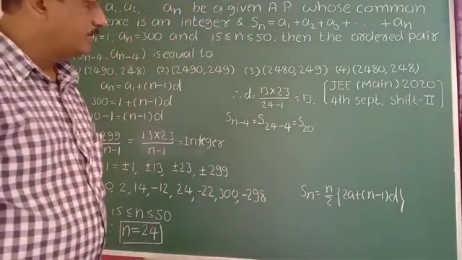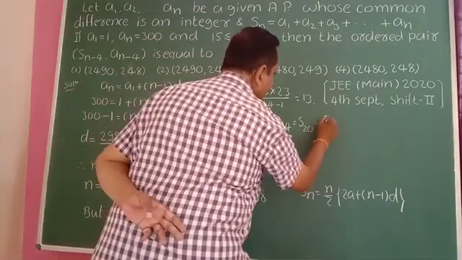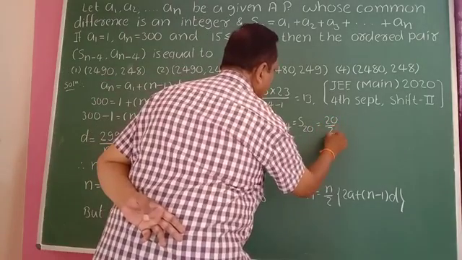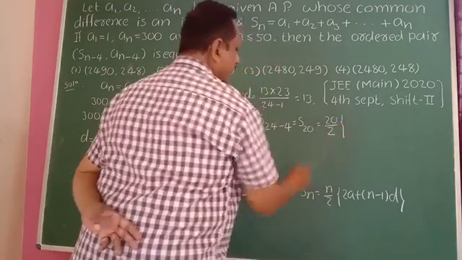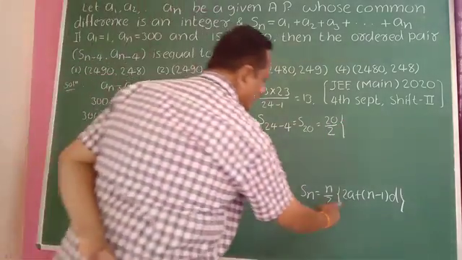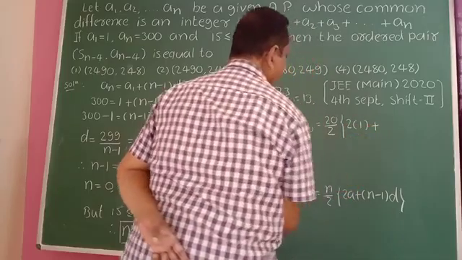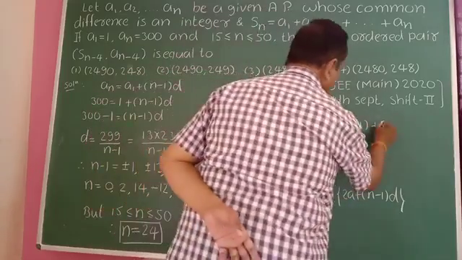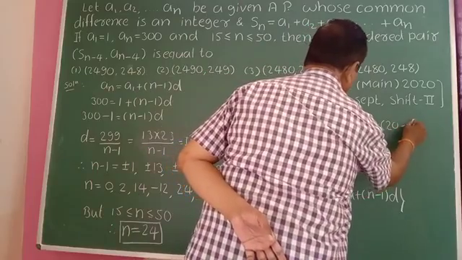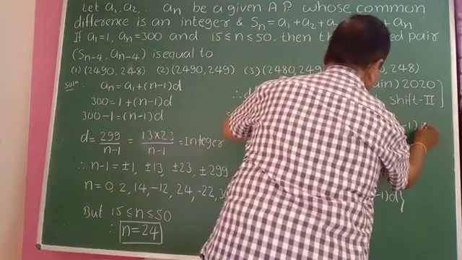Use this formula. Here n is what? 20 here. Put n equal to 20. 20 by 2 into bracket, and first term a1 is 1 here. Therefore 2 into 1 plus n is 20 here, so 20 minus 1 into d. d is 13 here. So write here 13.